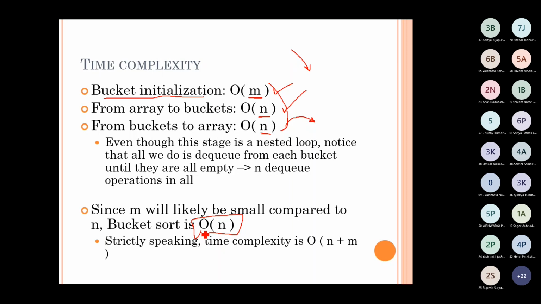But if we strictly want the exact thing without any change, it can be order of n plus m, but since m is very small, it can be eliminated, and we can say that this time complexity is far better than all the algorithms we have seen.